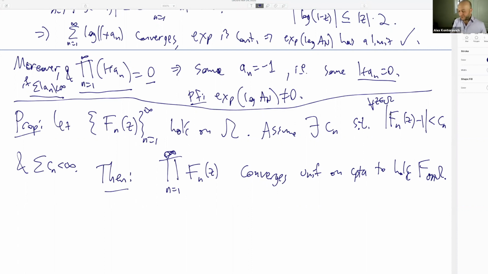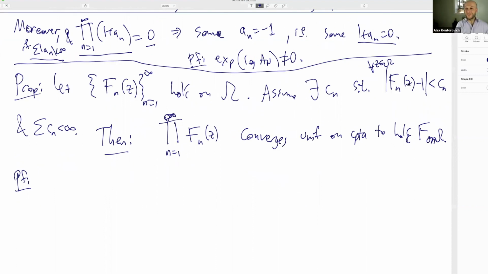And the proof is one line. The proof is these things are what we were calling ANs before. So for fixed z in omega, let AN of z be Fn of z minus 1.